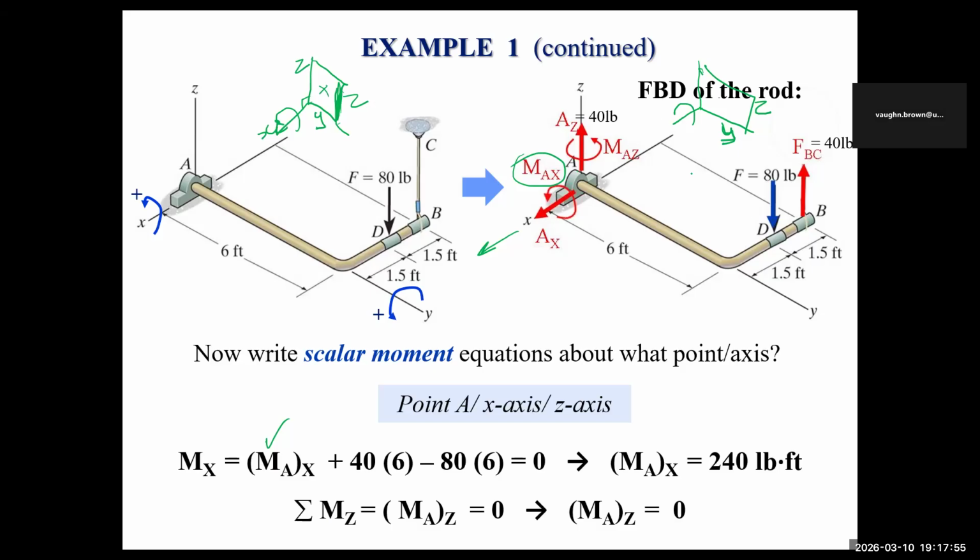So you have the 40. So the 40 is in the Z, right? So you have 40 here, 40 times 6. Can you see the 40 times 6? So see the 40 going up here now.